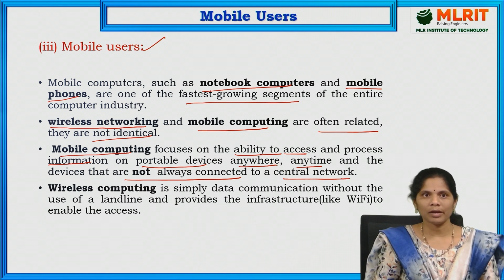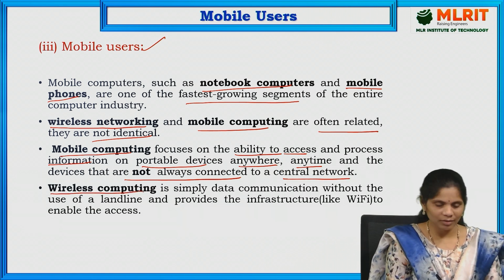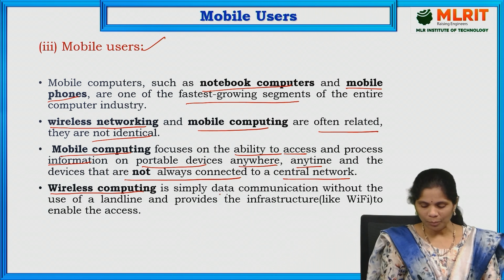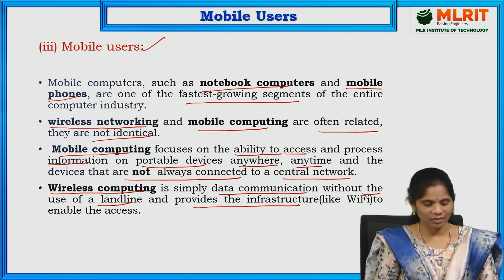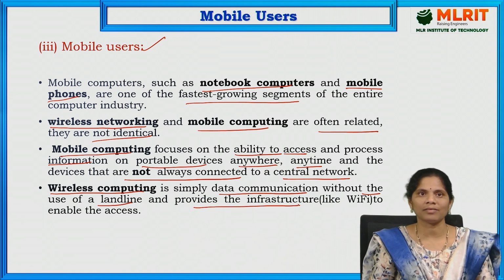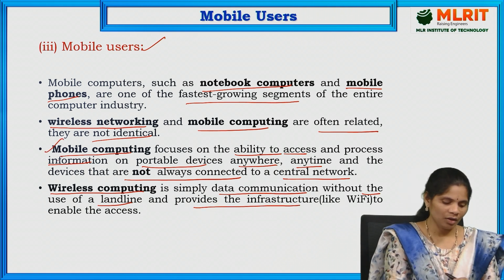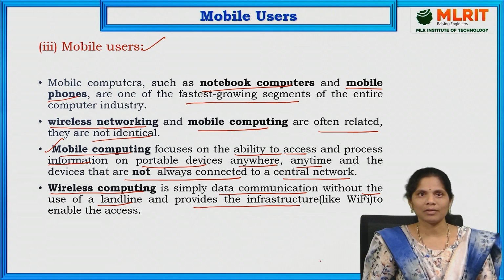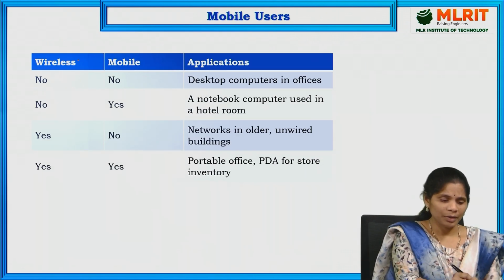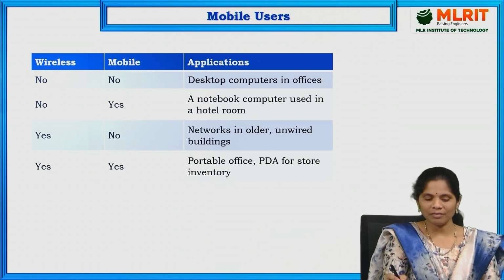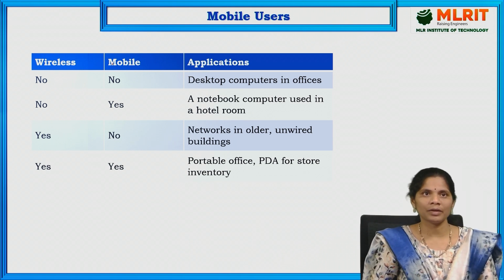This is mobile computing. And wireless computing is simply data communication without the use of a landline, and it also provides the infrastructure to enable that access. This is the difference between mobile computing and wireless computing. Next, let us see some applications combining wireless and mobile computing.